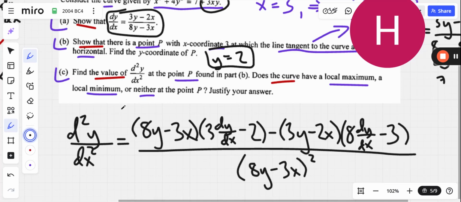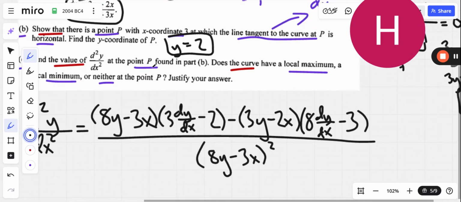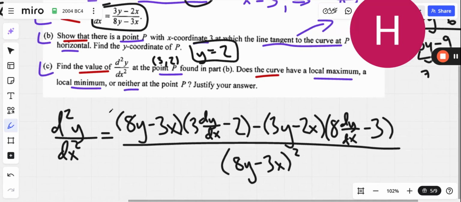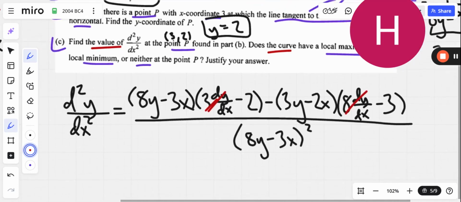Okay, so let's remember that at the point P, that means we're talking about the point 3, 2. And so we can plug those values in, but remember that dy dx at that point, since the tangent line is horizontal, dy dx equals 0. So this goes to 0, this goes to 0, it's kind of nice.